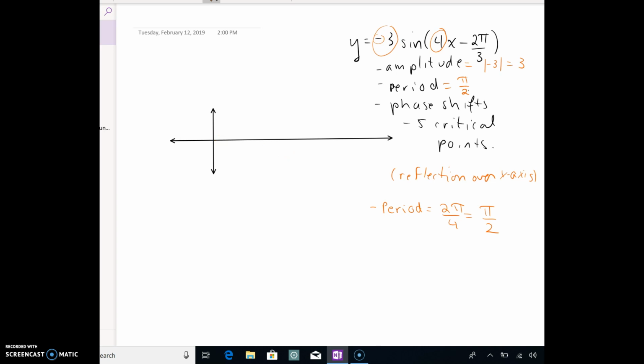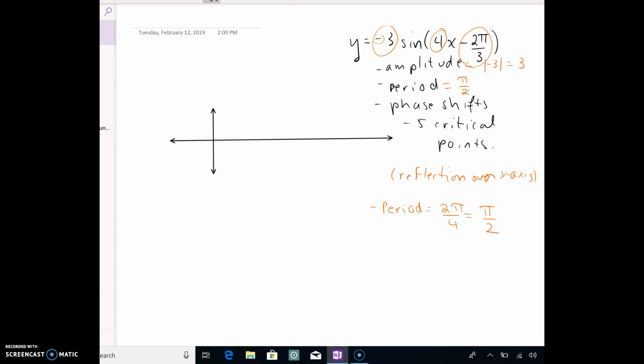Let's talk about the phase shifts. Instead of having a period of 2 pi, now we have a period of pi over 2. Not only do we have that period of pi over 2, but now this minus 2 pi over 3 means we're taking that pi over 2 and shifting it to the right 2 pi over 3 units. So we do have a phase shift.